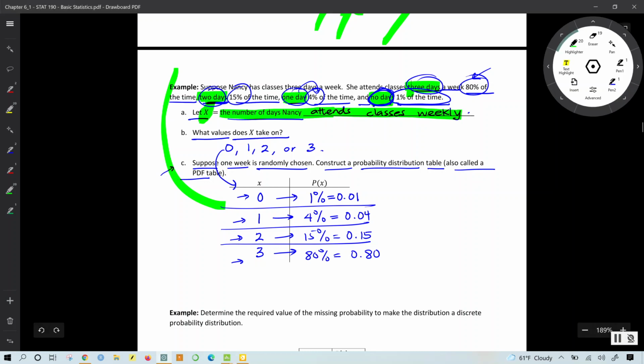Looking closely at this table, we can see all the possible number of times Nancy attends classes weekly. We can also see the corresponding frequency or probabilities of the different number of times she attends weekly. We can say we have constructed a probability distribution table.